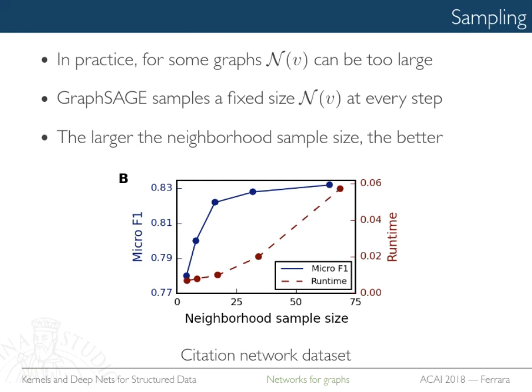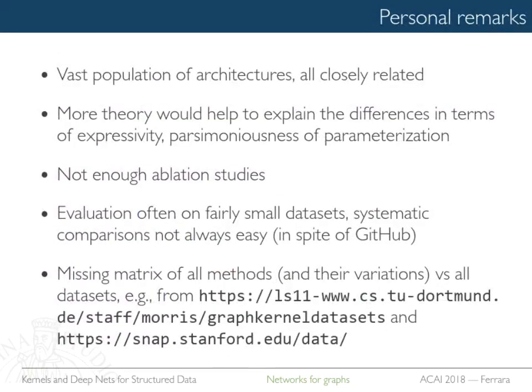Okay. All right. So these are only a few methods out there, but the population is pretty large. If you look around, there are dozens of papers, mostly very closely related, I would say. Sometimes they don't credit each other properly, but that's life.